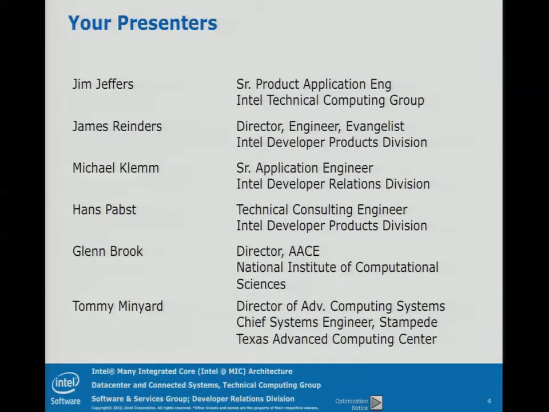And then we have two guests. Glenn Brook is the director of the AAC, which is basically Advanced Acceleration and Computing at the U.S. National Institute for Computational Sciences, NICS.